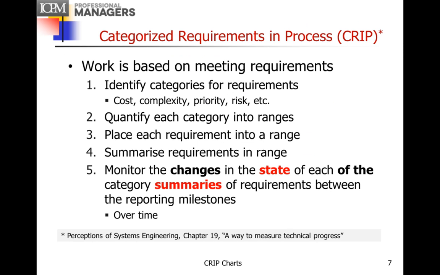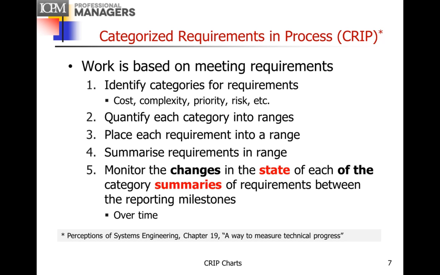So the categorized requirements in process, CRIP approach, is based on all the work done is based on meeting the requirements. And it's 5 steps. Identify the categories for the requirements, quantify each category into ranges, place each requirement into a range, summarize the requirements in the ranges, and then monitor the changes in the state of each of the summaries between reporting milestones over time.